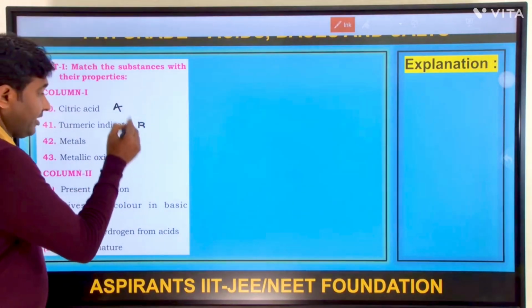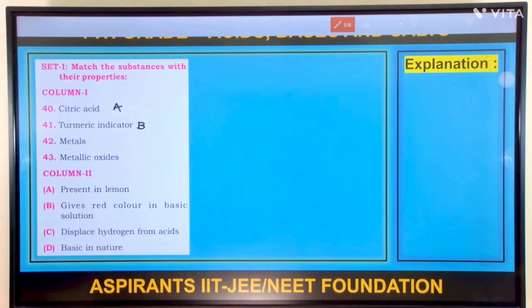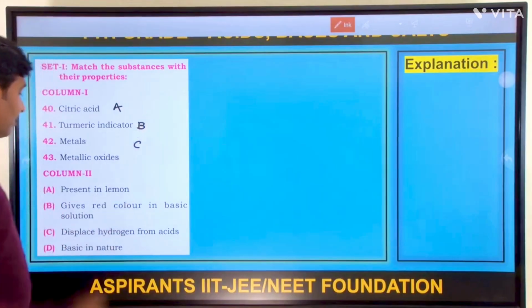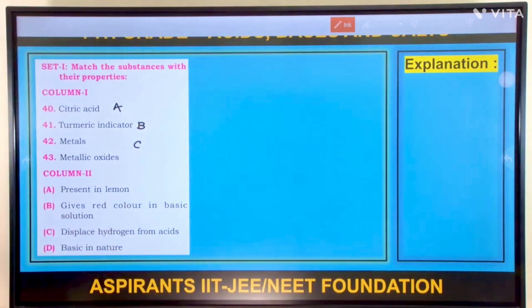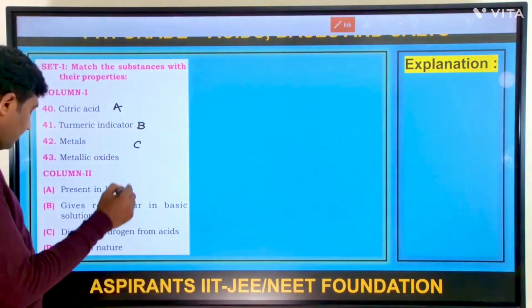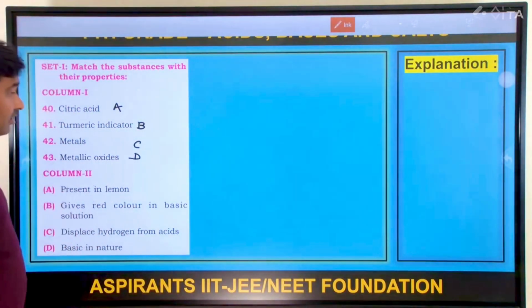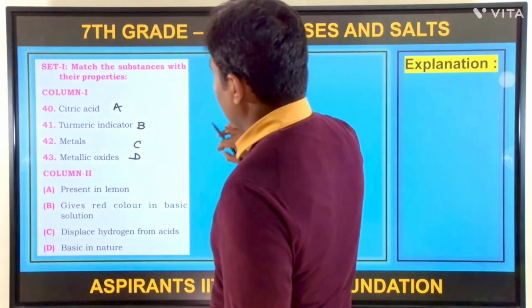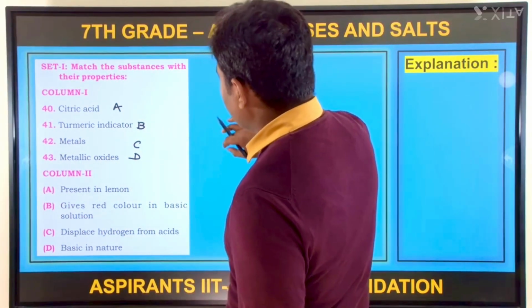So option B. Metals displace hydrogen from acids and give rise to metal salts. So option C. Metallic oxides and metallic hydroxides are basic in nature. Therefore option D. A, B, C, D. Next we go to the next match the following matrix type question.